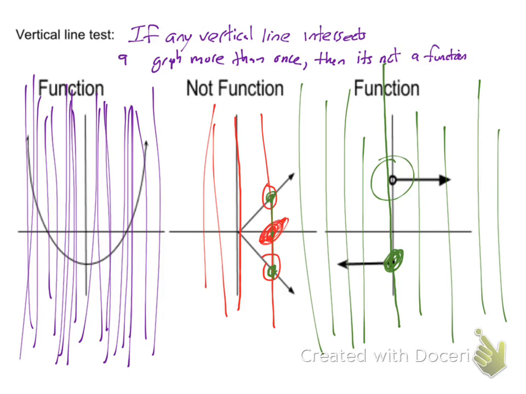No. So therefore, on the top part of this function, this dot's open. It's not included. But if you come down here, it is. So these two actually are not overlapping. So therefore, this is a function. So be very careful on that. You got to watch what's open, what's closed, what's included, what's not included.